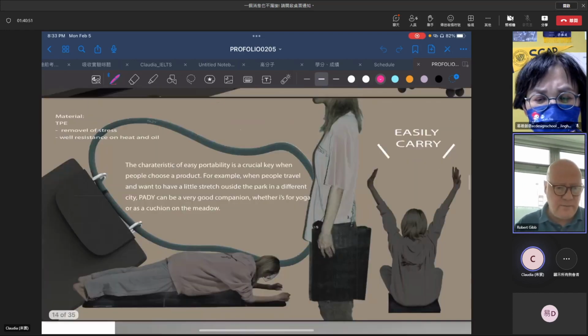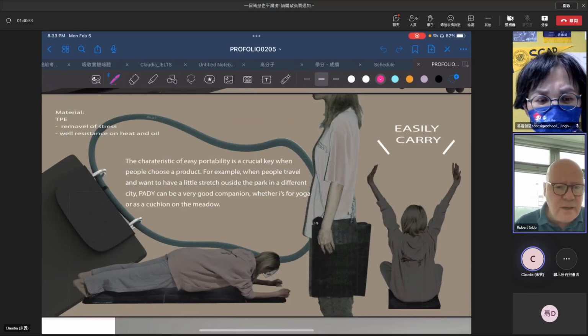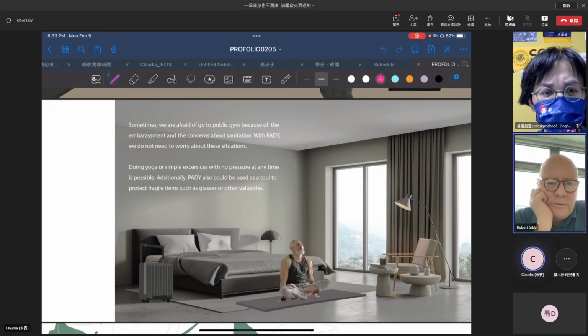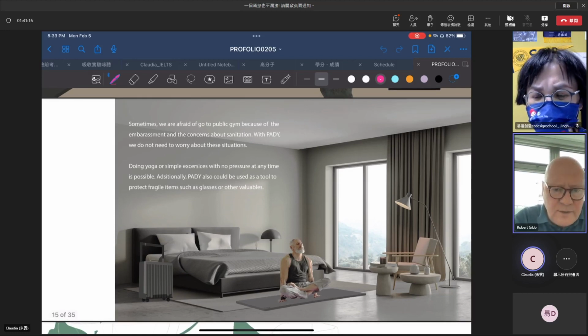Okay. Next one. So we see how it's used. Okay. So it's also to do with where you can use it, conditions, sanitary conditions. Okay, next one.